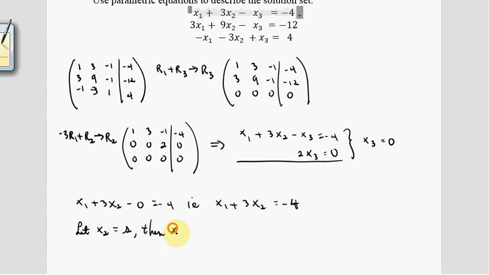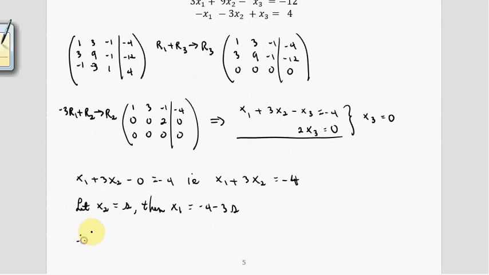Then that means that x sub 1 is equal to negative 4 minus 3s. So therefore, the solution set is x sub 1 is negative 4 minus 3s, x sub 2 is s, and x sub 3 is 0.